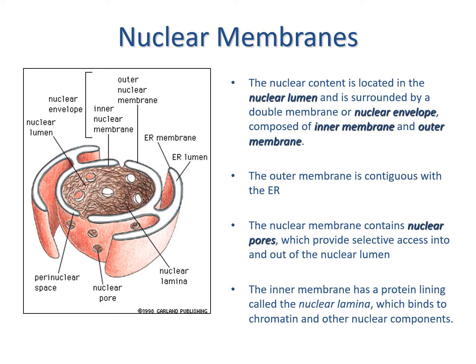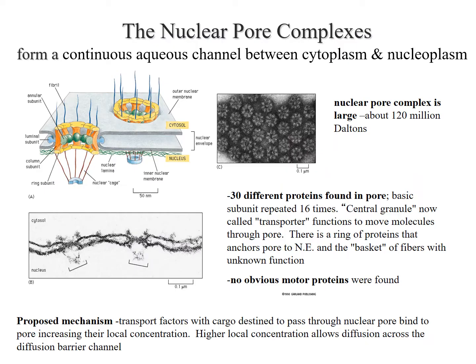The inner membrane is called the nuclear lamina, which binds to chromosome material, chromatin, and other components. So there's kind of the structure there. And these pores themselves are made up of very specialized protein. It's about 120 million Daltons, so it's a big protein machine that allows material in and out.